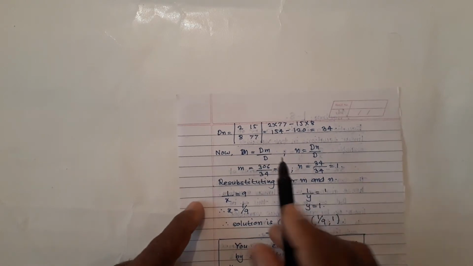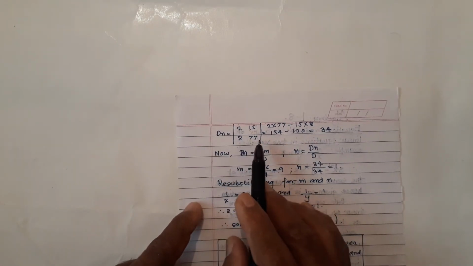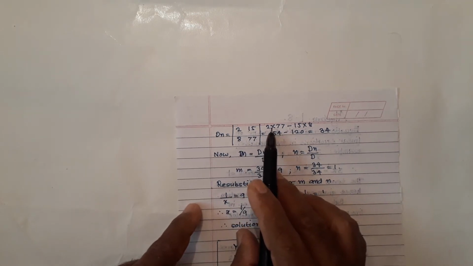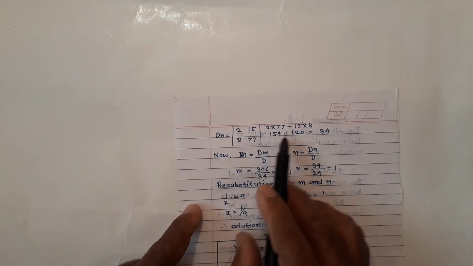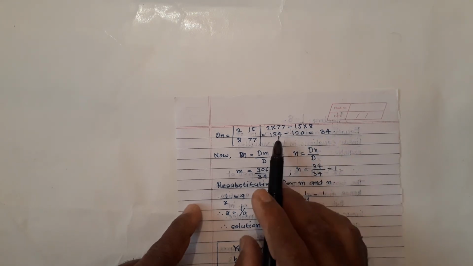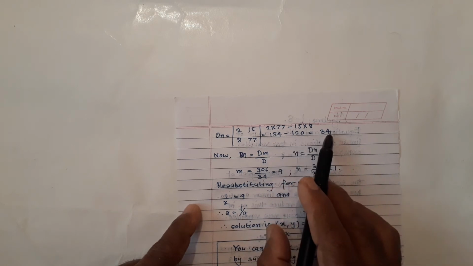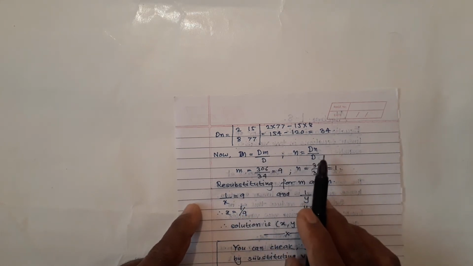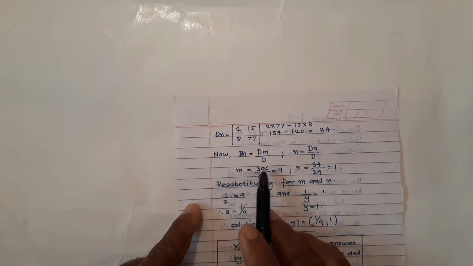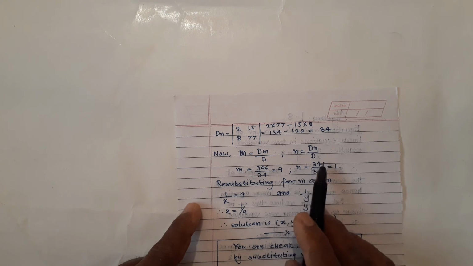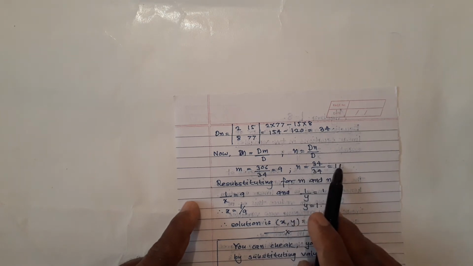Then find Dn. 2 into 77 minus 15 into 8. 2 into 77 is equal to 154, minus 15 into 8 is equal to 120, and 154 minus 120 is equal to 34. Use your formula: m is equal to Dm upon D and n is equal to Dn upon D. m is equal to 306 upon 34, which gives you 9. n is equal to 34 upon 34, which is equal to 1.